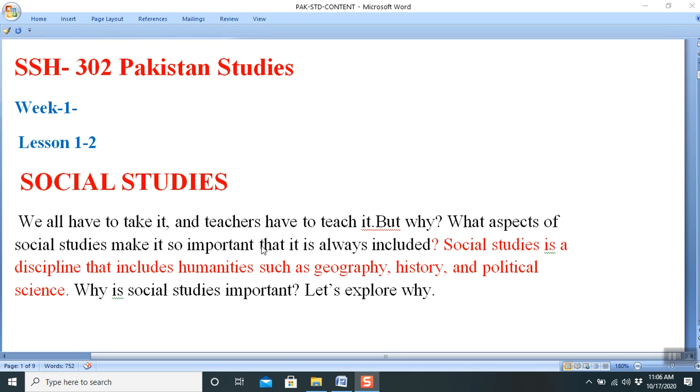Simply, when you specify an area, the social study becomes that very area's study. For example, if some person has taken a course at Qaid-e-Azam University or elsewhere about American history, geography, culture, development, earlier civilization, constitutional development, that is called American studies.